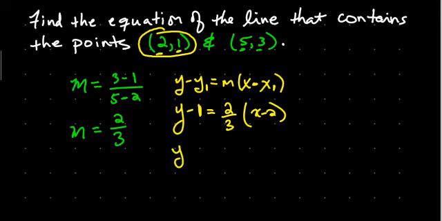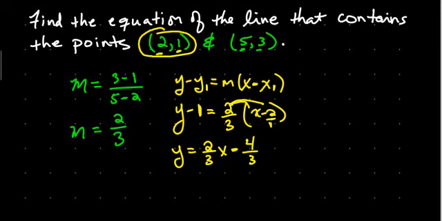So y is going to equal, I'm going to take the 1 over and distribute the 2/3 all at the same time. It's going to be 2/3 x minus 2, so that's that one. 2/3 times 2 is going to be a negative, so think of that as 2 over 1. When we multiply the top, and multiply the bottom, so negative 4/3.